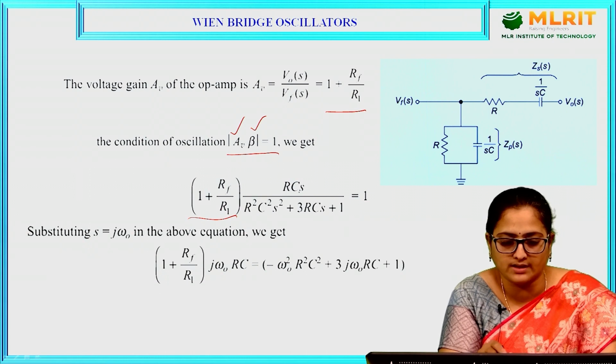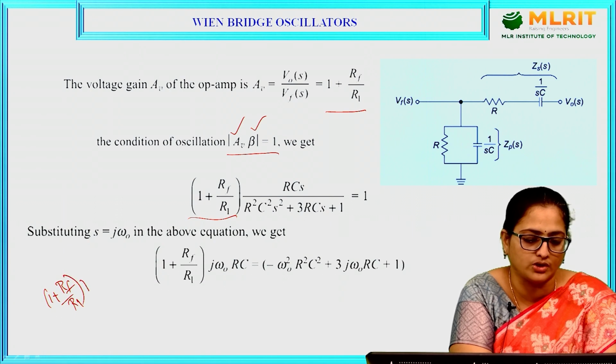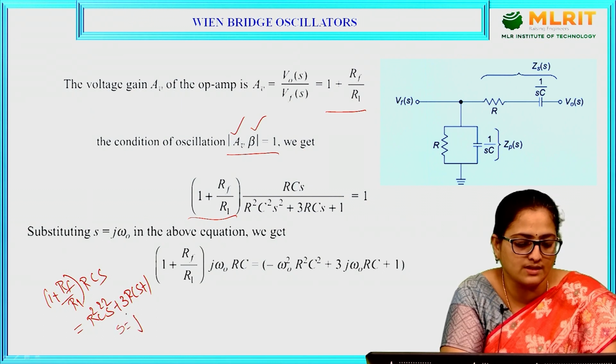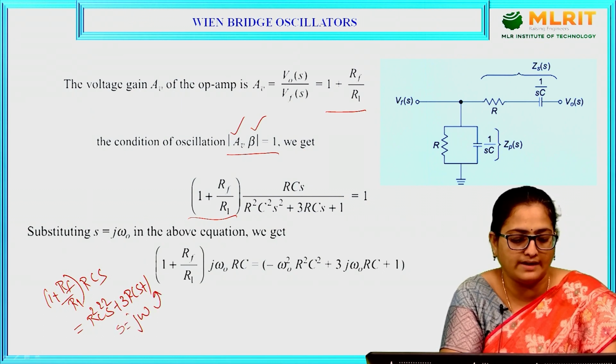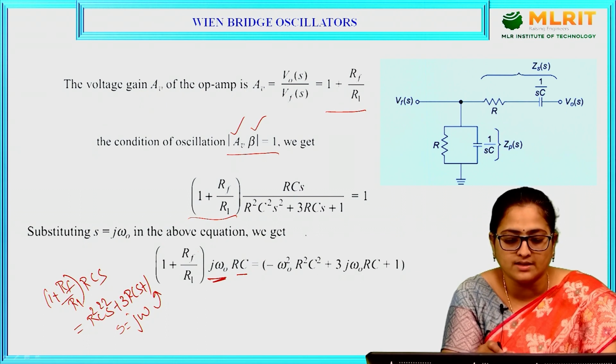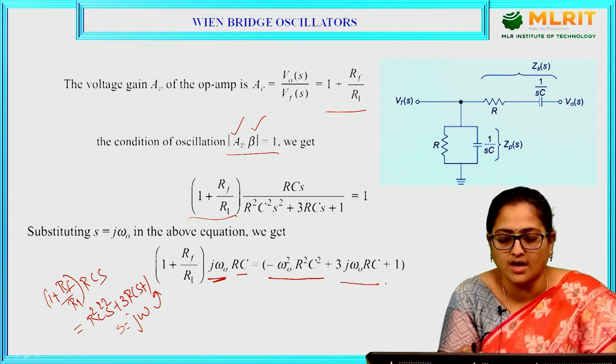If you can segregate this, you can write 1 plus Rf divided by R1 into RCS equals R square C square S square plus 3 RCS plus 1. If you substitute S equals j omega in the above expression, you can write 1 plus Rf by R1 into j omega RC equals minus omega naught square R square C square, since j square is minus 1, plus 3 j omega RC plus 1.